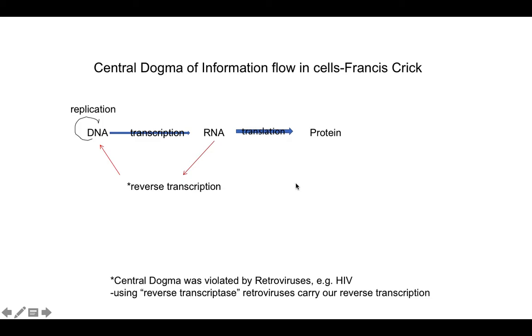Okay. And then we do want to remember, you guys, that viruses always like to break our rules. I think viruses delight when they can break our human rules. So you'll recall that retroviruses like HIV, they drive information flow backwards because HIV is an RNA virus.